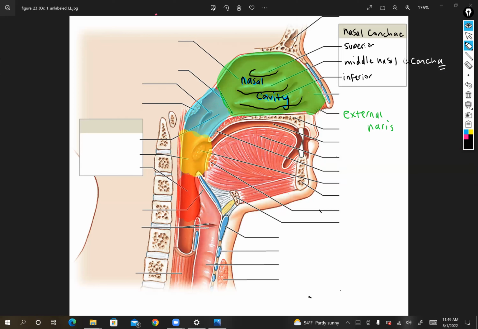So the blue is the nasopharynx. The yellow is the oropharynx. So let's write these here because they have pointers. That's hard to read. Hold on, let me write that again.